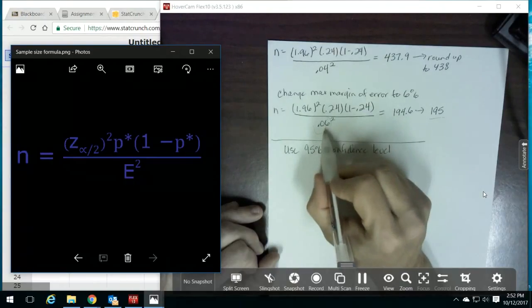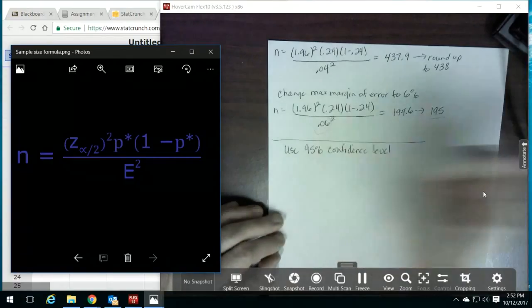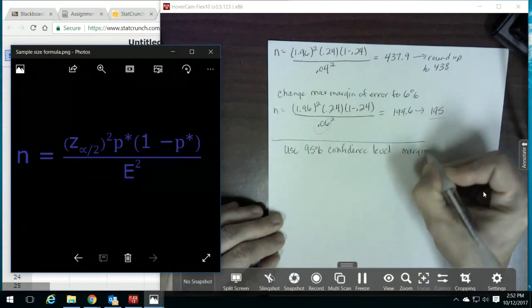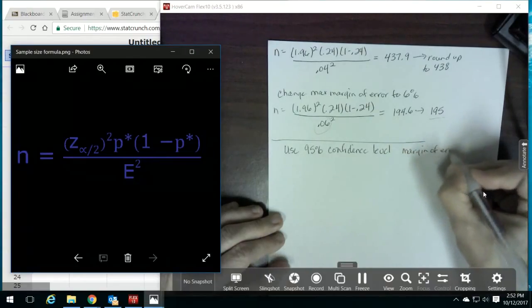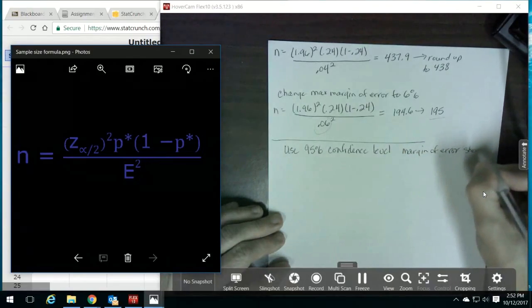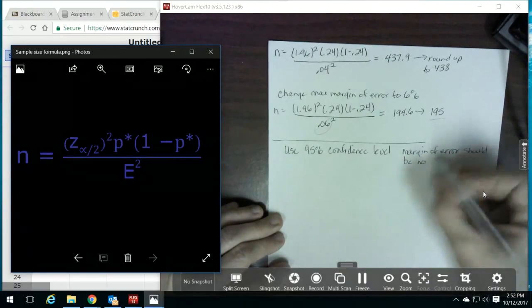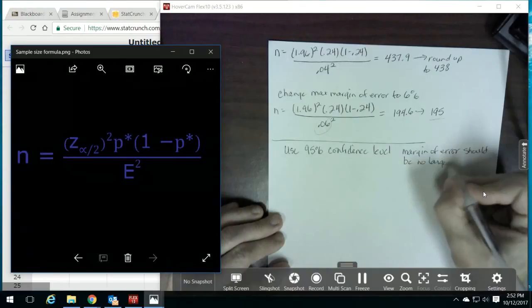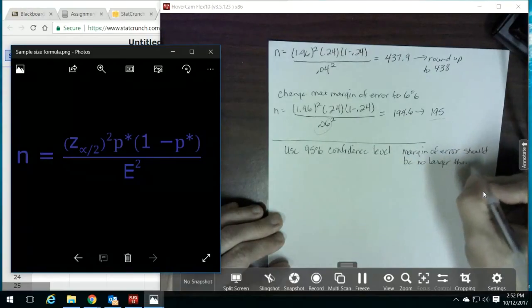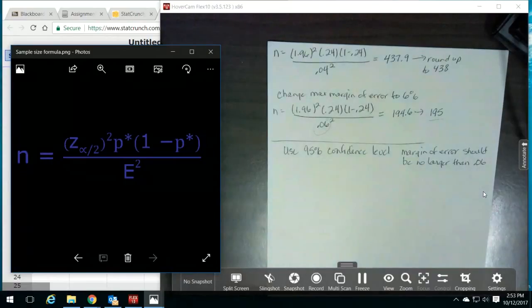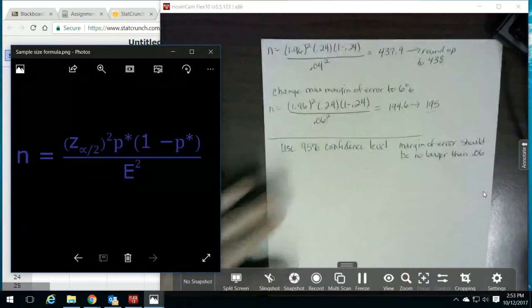If I come out with something bigger than that for my margin of error, then I've done something wrong. So my margin of error that I come up with should be no larger than 0.06.